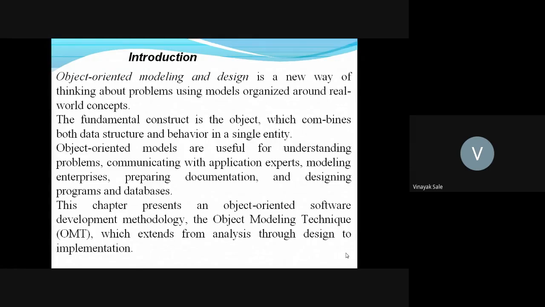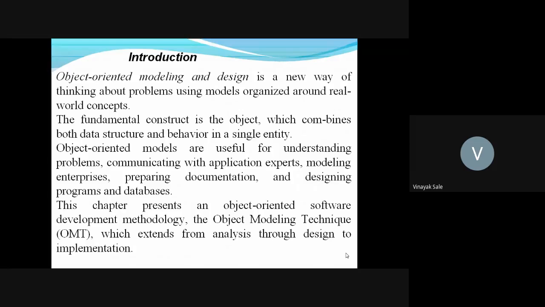So object-oriented modeling, then what is a design? Design is a structure. So object-oriented modeling and design is a new way of thinking about problems using models organized around real world concepts. So it is a new way of thinking about the problem regarding the models which are generated around real world concepts.